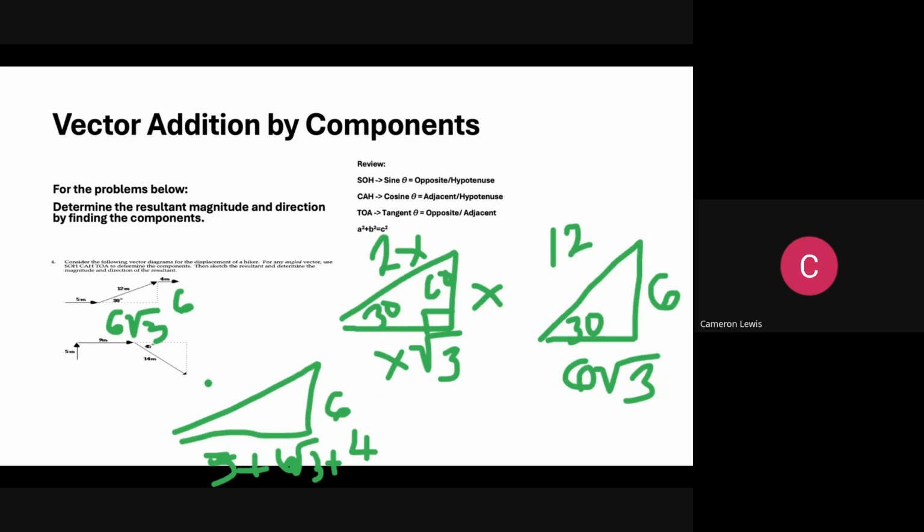Now, root 3 times 6 is an actual number. Let me find out what that number is. It's 10.4. Okay, 10.4 plus 5 plus 4. So now we're at 19.4. So now we make this new triangle here. We got 19.4 and 6, right? So to find this side, all we're going to use is the Pythagorean theorem.